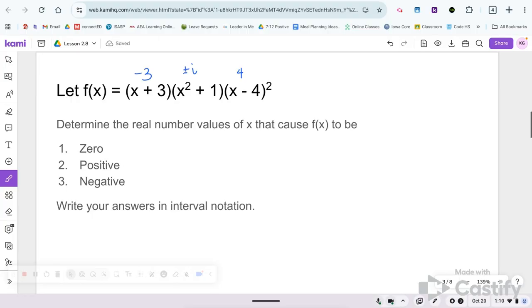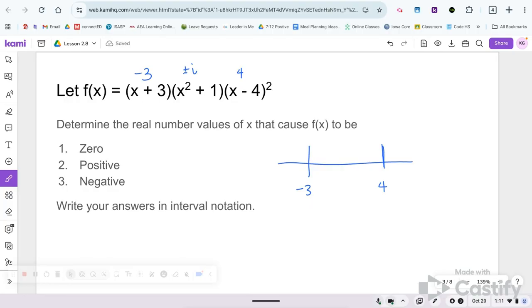So what I want to do here is make a sign chart with negative 3 and 4. I know that at 4 it is not going to change because it's not going to cross the x-axis, so the function is not going to change there.